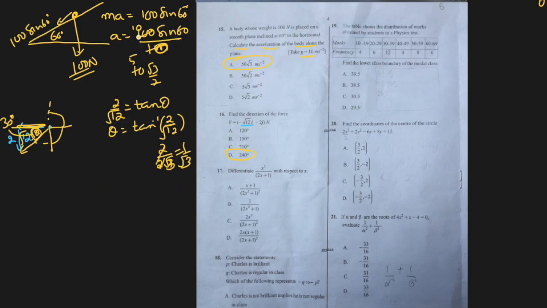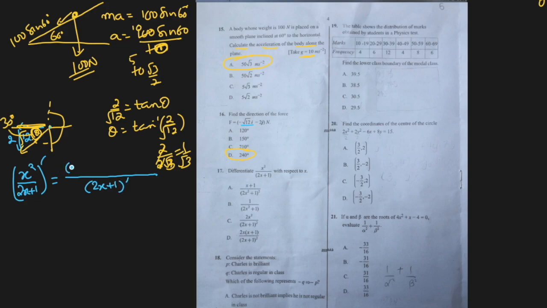Number 17. Differentiate x squared over 2x plus 1 with respect to x. We'll use the quotient rule. According to the quotient rule, first the denominator is squared.